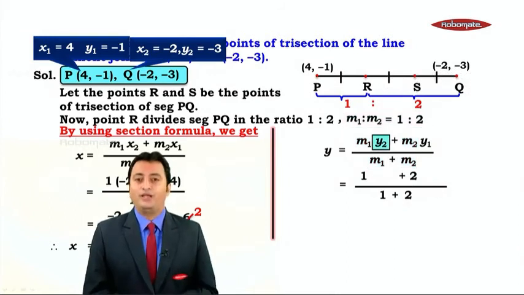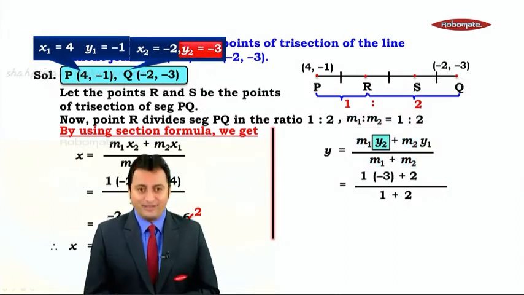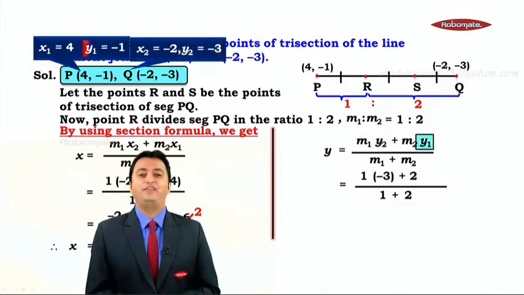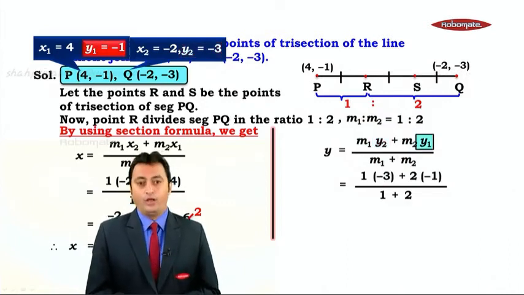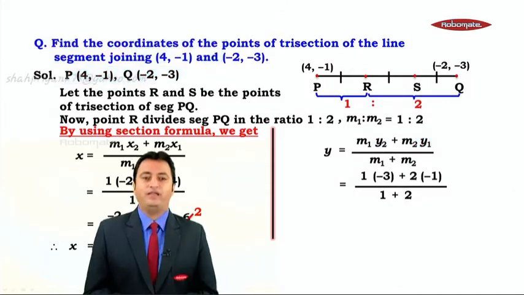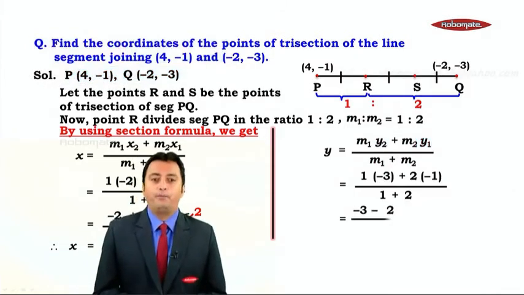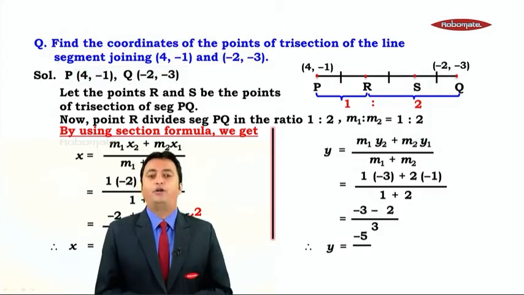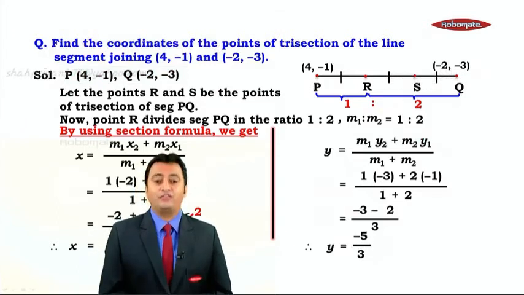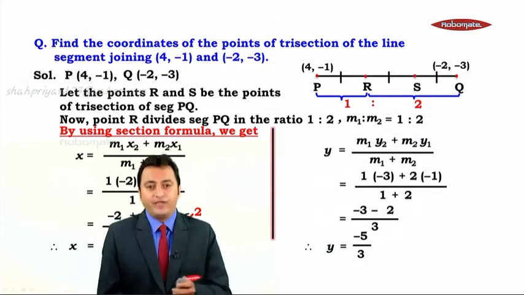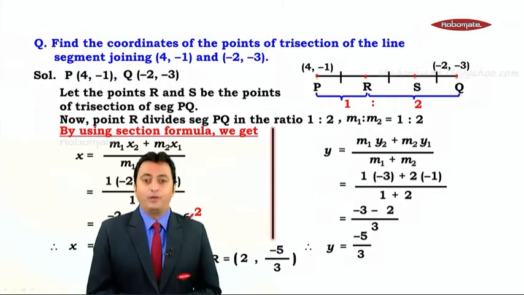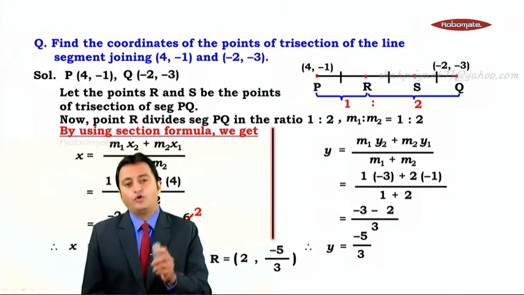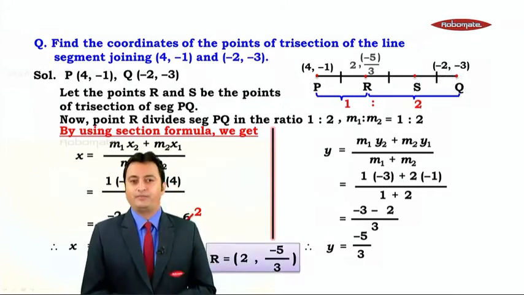How much is y2? y2 is equal to -3 and y1 is equal to -1. Open the bracket, (-3 minus 2) upon 3. That is -5 upon 3. So y coordinate we got as -5 upon 3. Therefore, we get one of the answers, point R (2, -5/3).